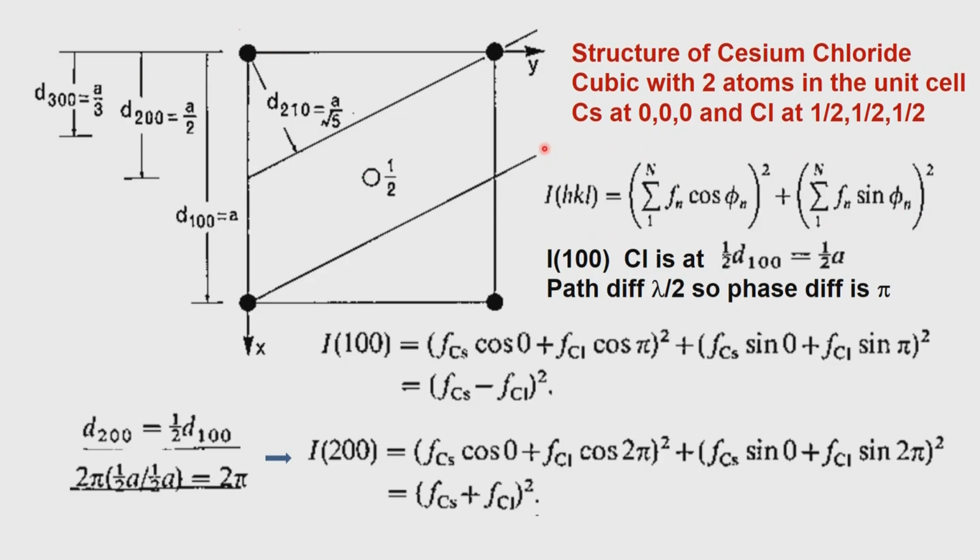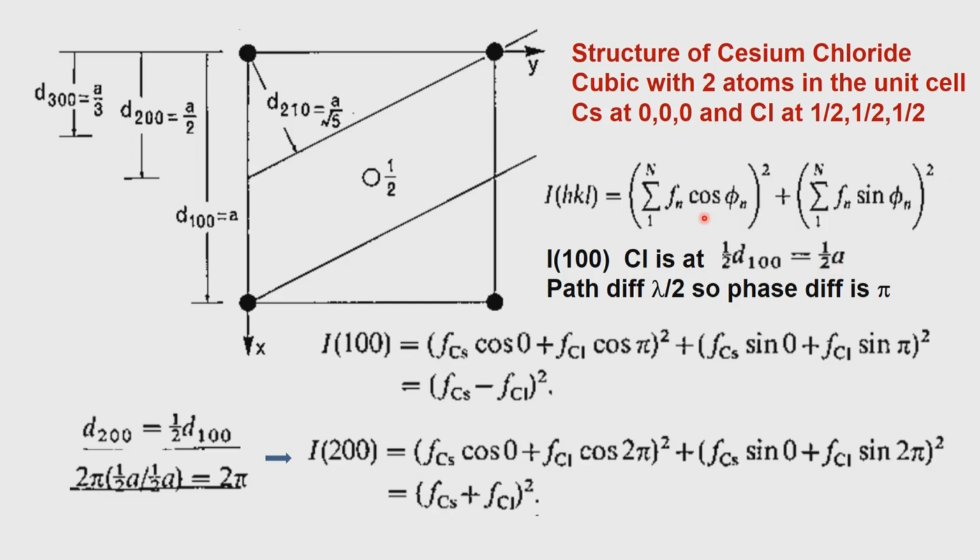This is equal to the sum over i equals 1 to n of f n cosine phi n, where phi n is the phase, squared, plus the sum over 1 to n of f n sin phi n, squared. That is because, as you have discussed earlier on, the scattering factor and then eventually the structure factor.